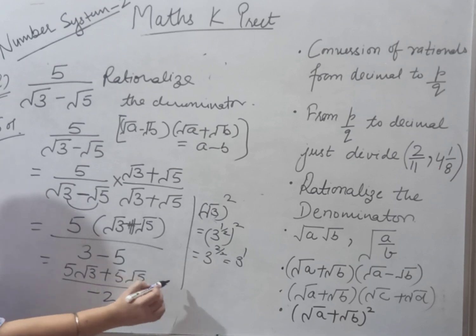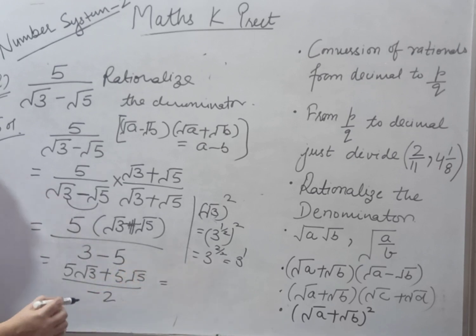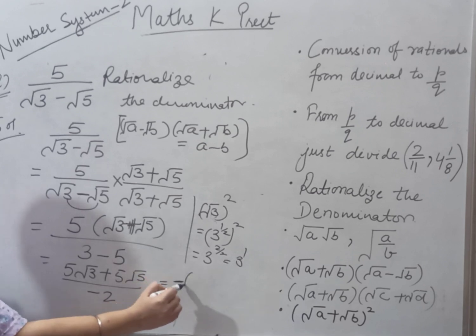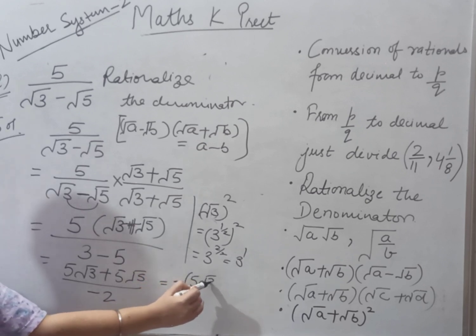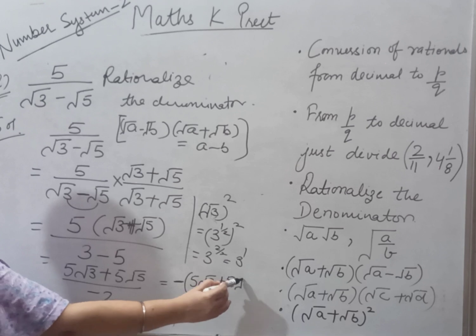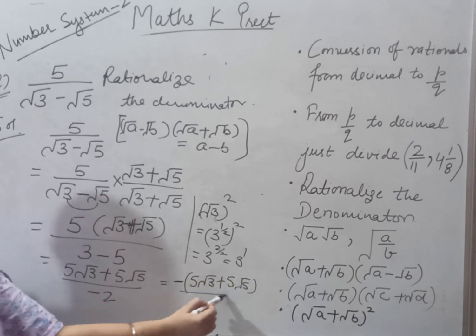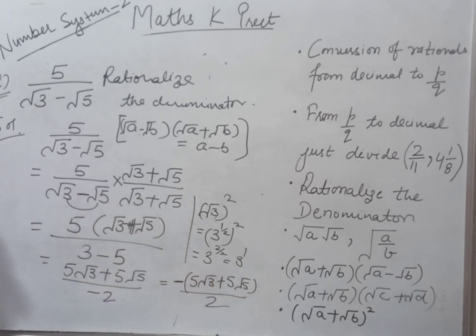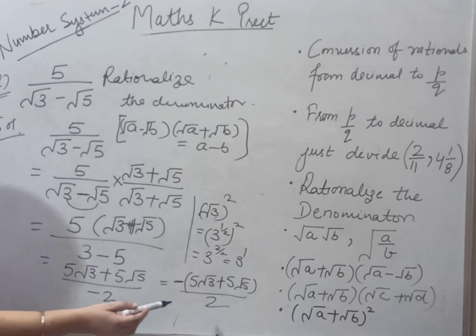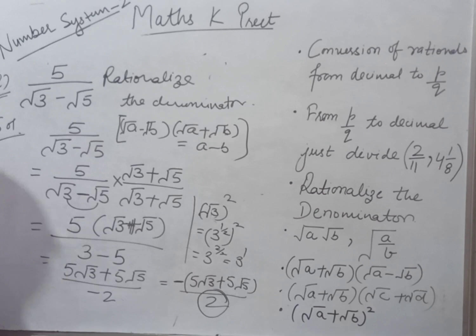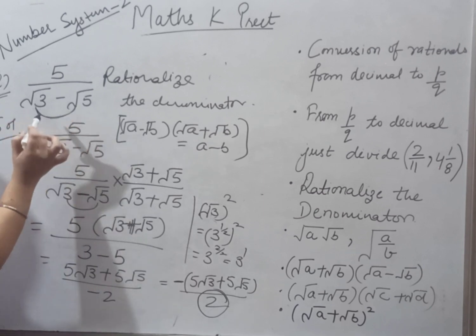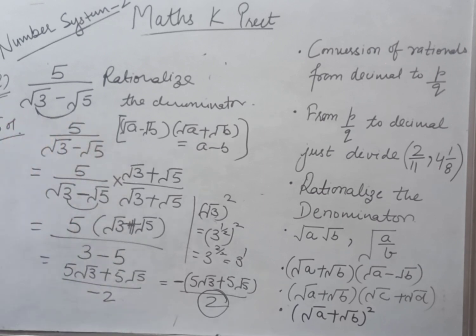We can take this minus in the numerator as well, so it becomes minus 5 root 3 minus 5 root 5 divided by 2. So this is the answer, and here in the denominator we have a rational number from an irrational number. So this was the way we can rationalize the denominator.